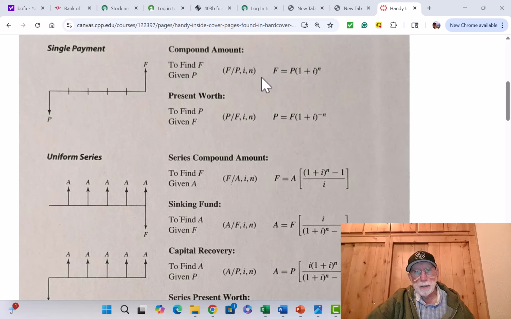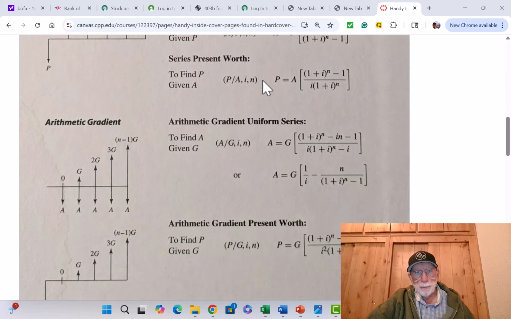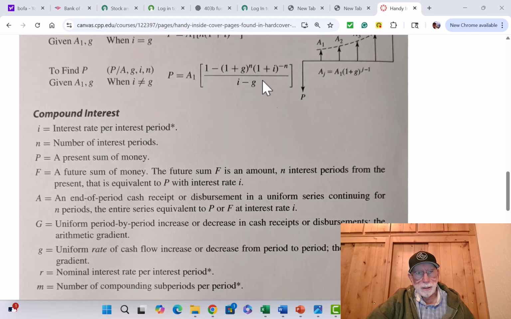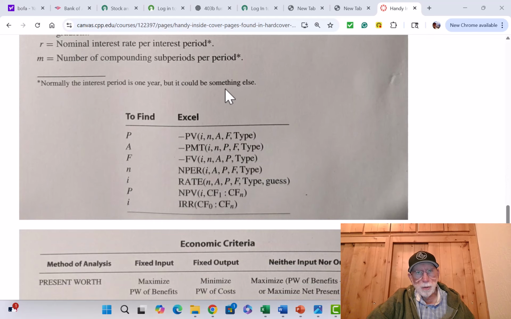Now let me scroll down to another page on the inside cover, and we get to this table of Excel functions. In this case, there is an Excel function, and I'll show you where that's at in a minute.